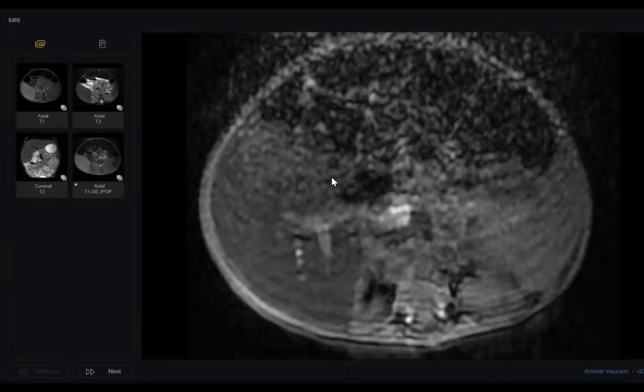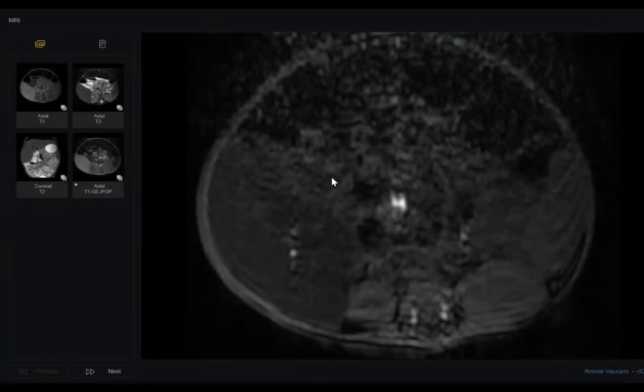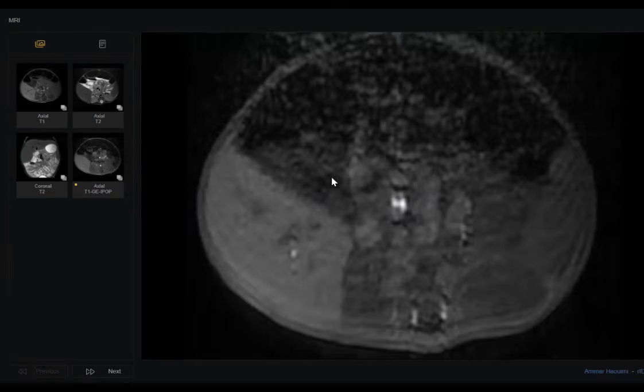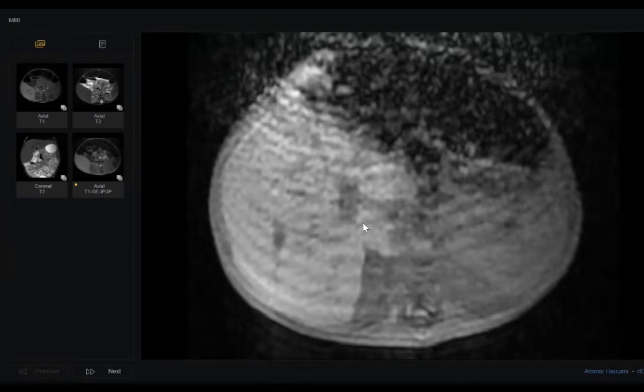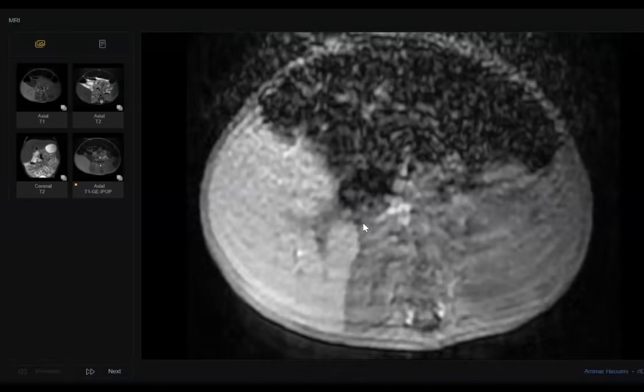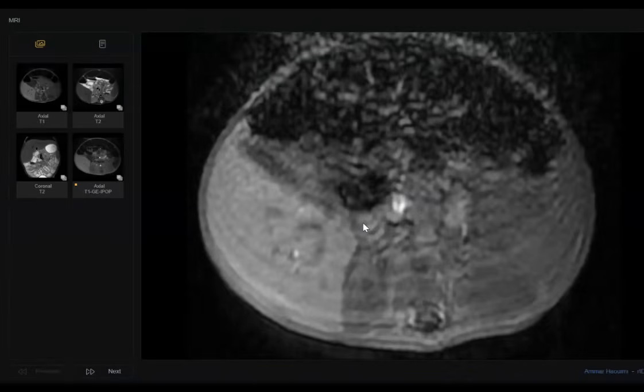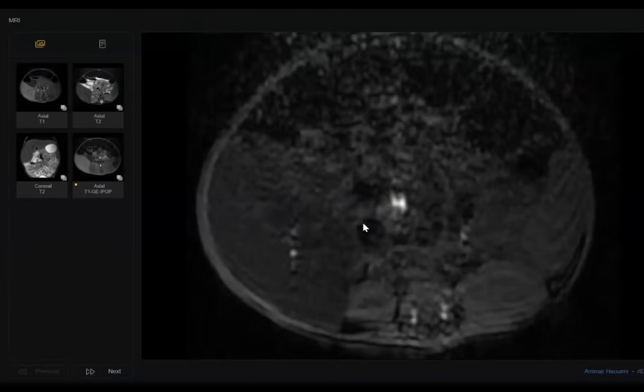How could we differentiate in phase and out of phase? This is out of phase, but this is not the ideal exam because there is too much motion artifact. At least if you look here, you must see the Indian ink artifact or the chemical shift. Okay, my colleagues.